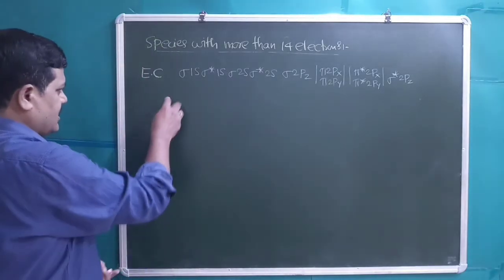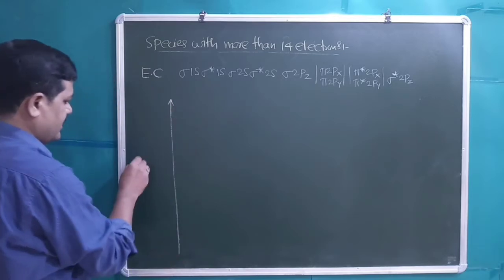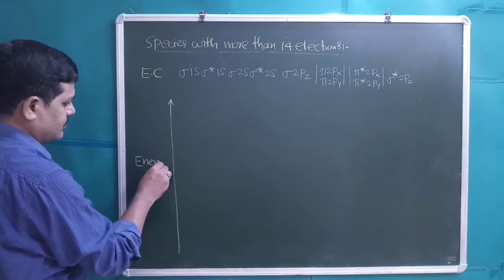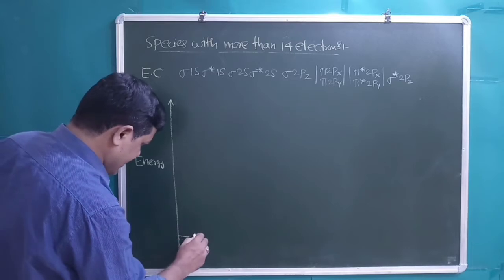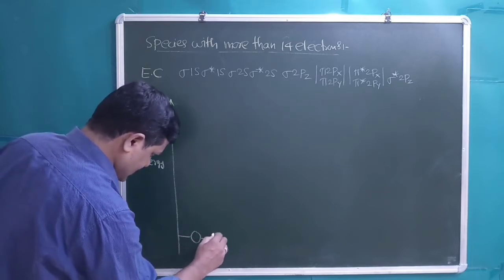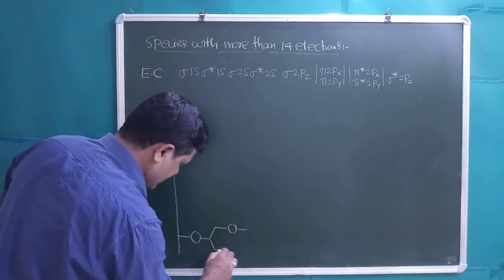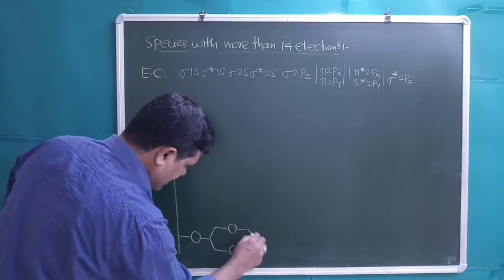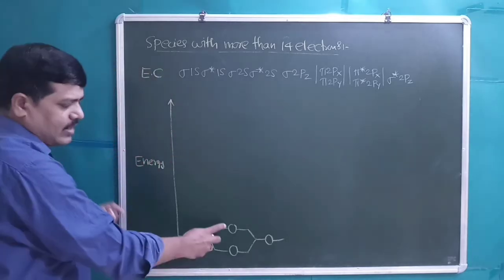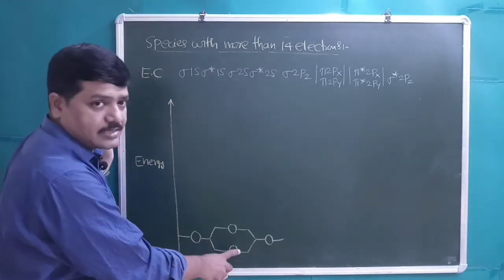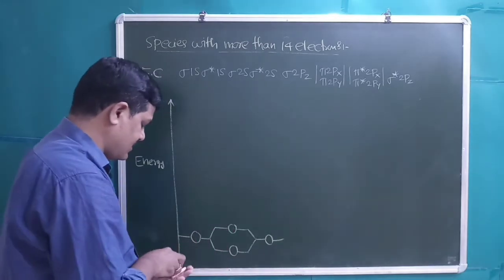The energy level diagram we can draw like this, in increasing order of energy, from bottom to top. The 1s orbital of one atom will combine with the 1s orbital of the other atom, which gives two molecular orbitals, in which one is called the bonding molecular orbital and the other is called the anti-bonding molecular orbital.